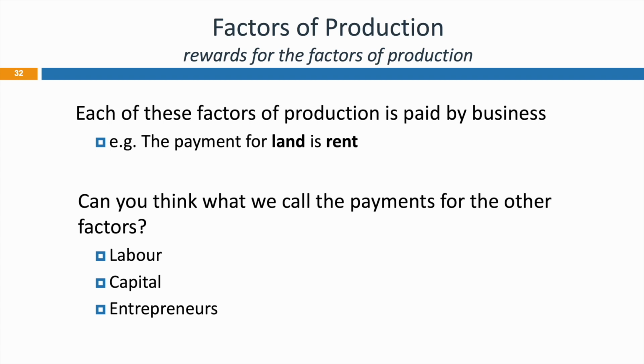Okay, so the payment for labor is going to be either wage or salary. The payment for capital, we're going to call interest, because we pay interest for borrowed money. And the reward that entrepreneurs are getting for their risk-taking ability, for the skill, is the profit that they're getting out of the business. So profit would be the reward for entrepreneurs.